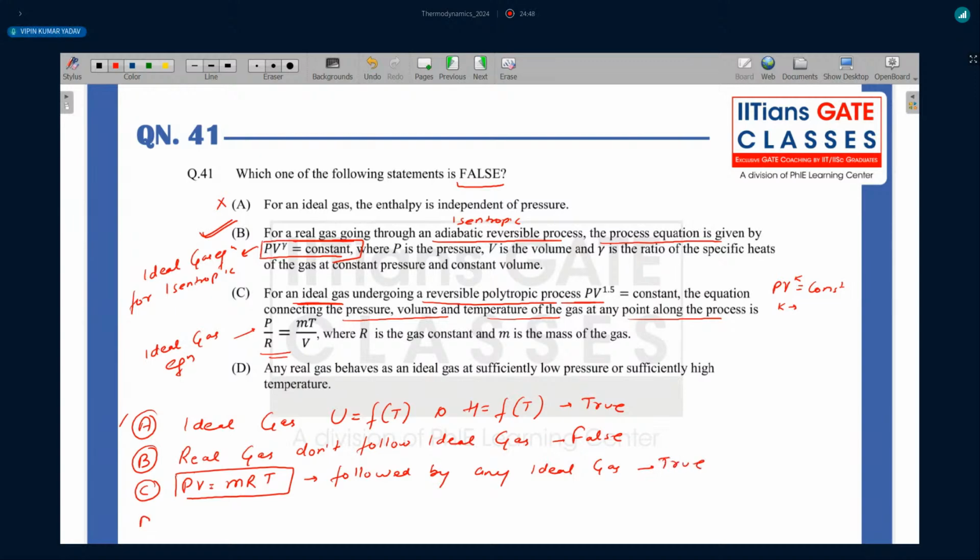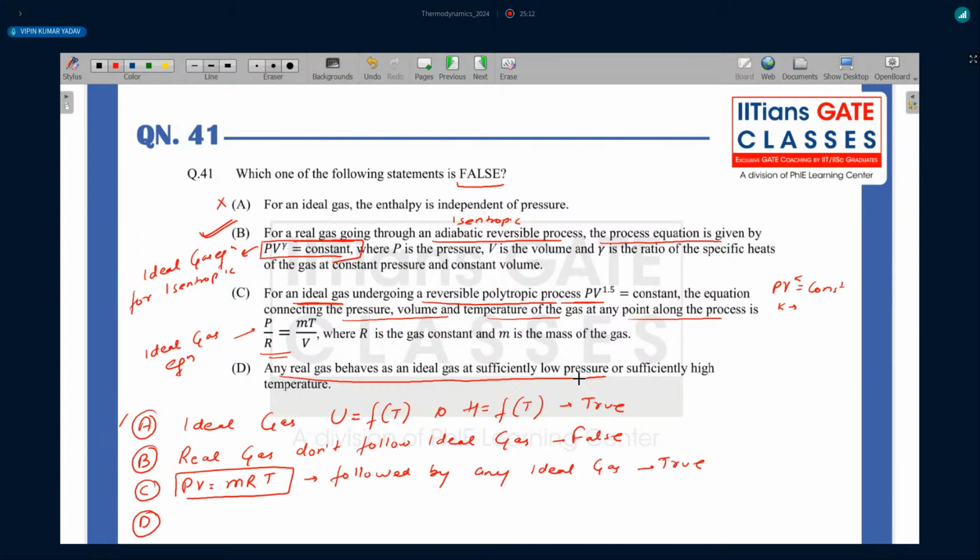Okay, option D, let us see. Any real gas behaves as ideal gas at sufficiently low pressure or sufficiently high temperature. That is the condition, an absolute condition when real gases behave as ideal gas. When the pressure is low, when pressure tends to 0 and reduced temperature is greater than 2.